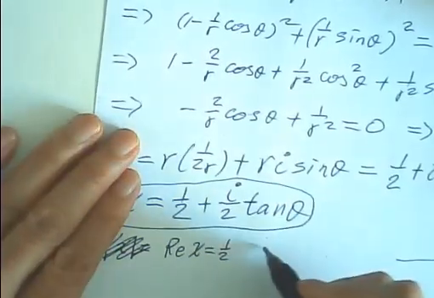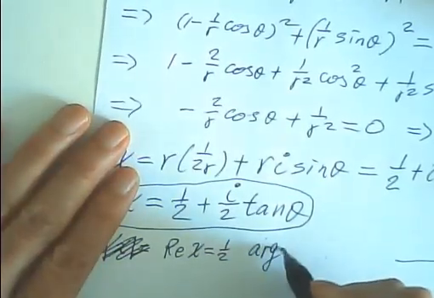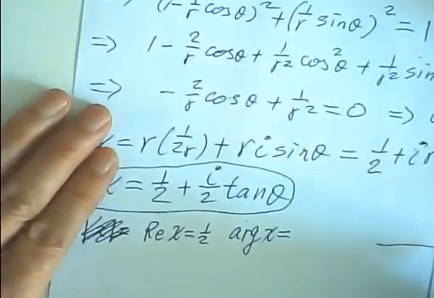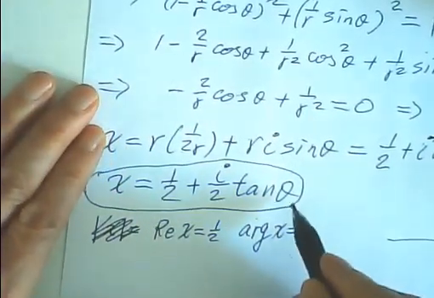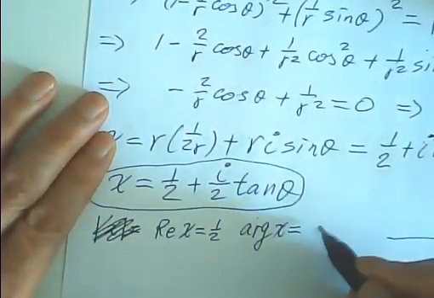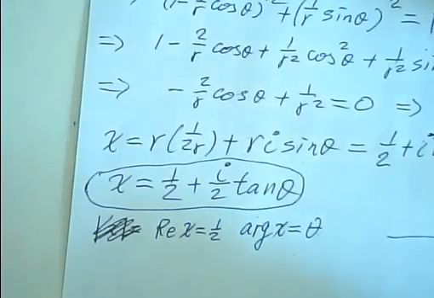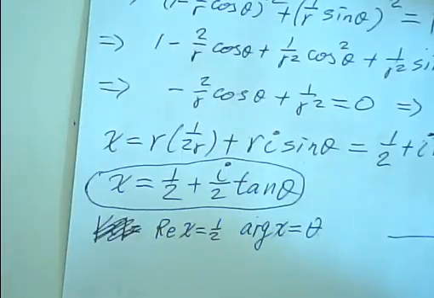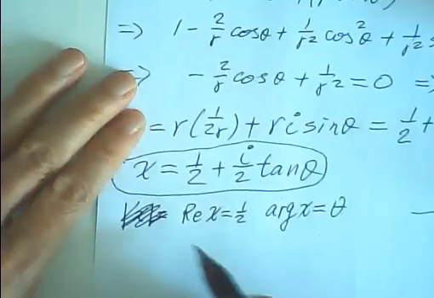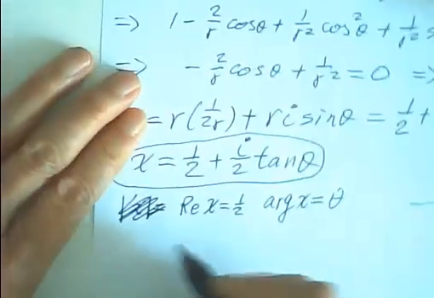And the argument of x is theta. And what is x minus 1?